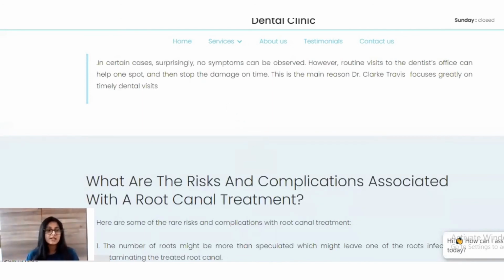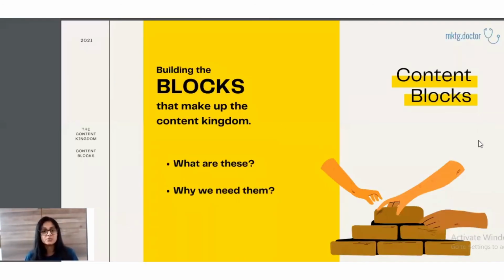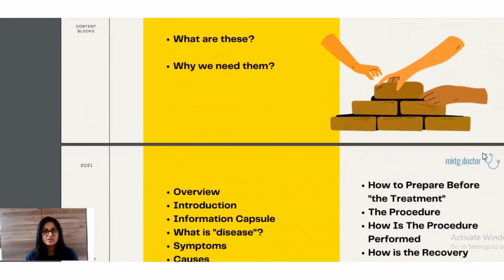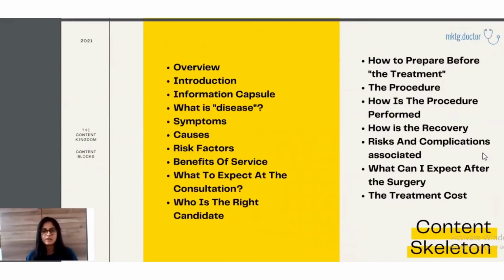Content blocks, in their own way, divide all this content into various parts and answer all these questions in a precise way so that all the doubts in the patient's mind are cleared. We have various parts in what we call the content skeleton, such as an overview of the topic, that is, the treatment, root canal, which we saw just now.